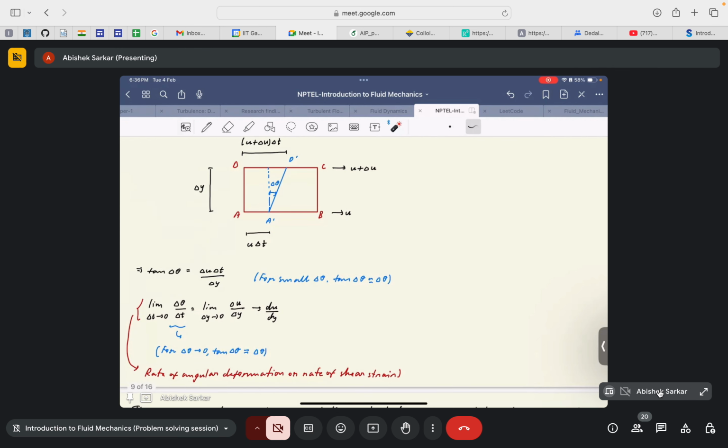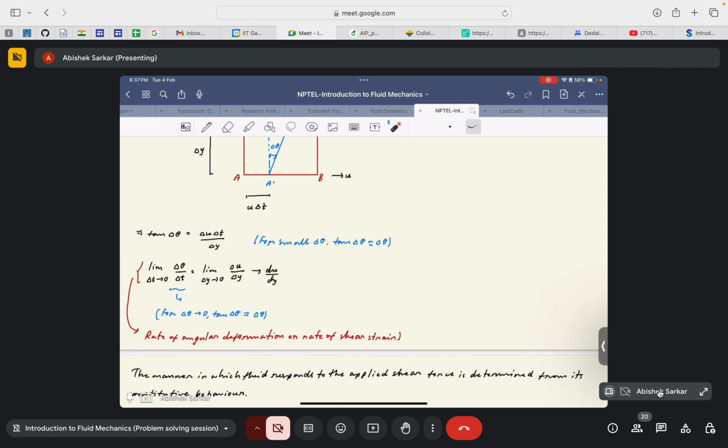Then tan of this angle, tan delta theta, would be given by perpendicular by base, so it would be u into delta t by delta y. Simple trigonometry used here. We know that for small delta theta, tan delta theta would vary as delta theta. If you need to find the rate of change of this angle, it will basically be delta theta by delta t.